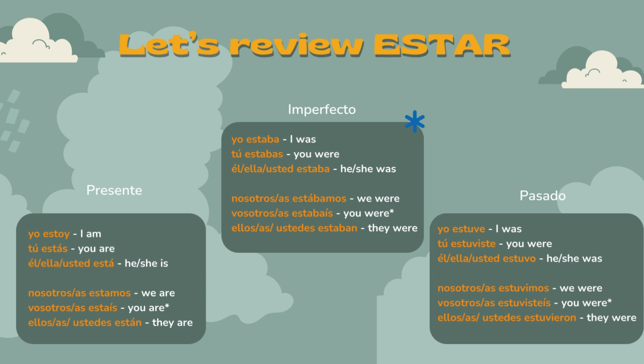Yo estaba, tú estabas, él, ella or usted estaba, nosotros, nosotras estábamos, vosotros, vosotras estabais, ellos, ellas or ustedes estaban. Man, that was almost like a tongue twister to say. But remember, we always want to use the imperfecto of the verb estar.